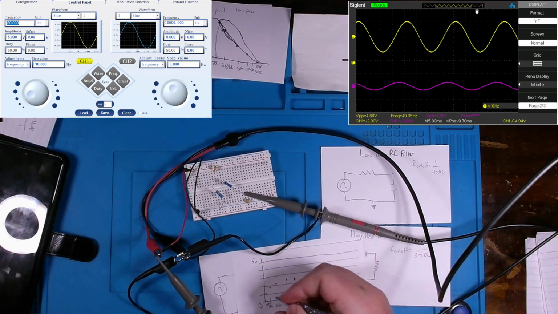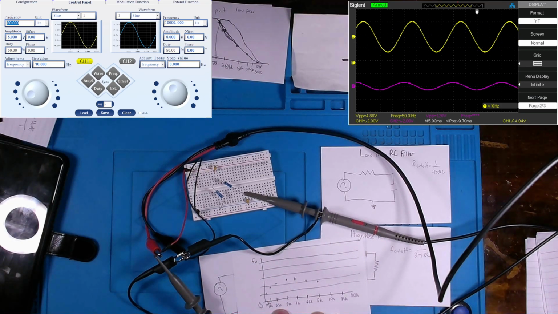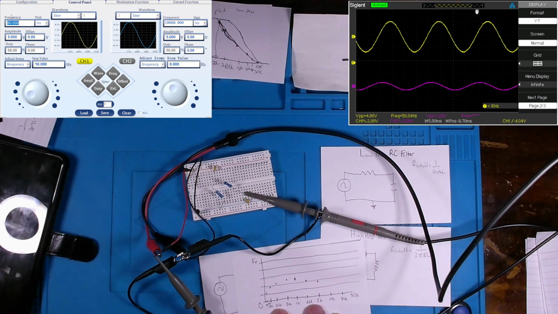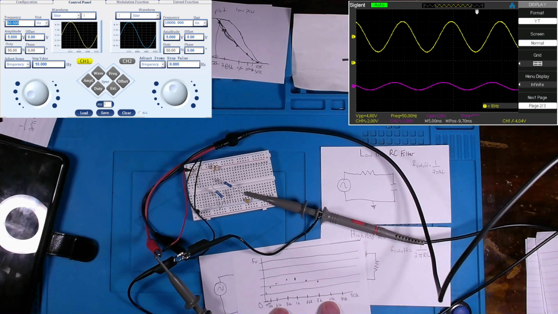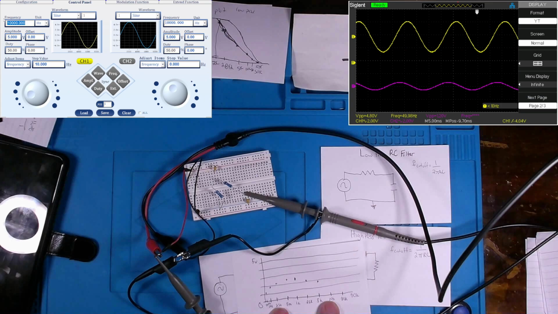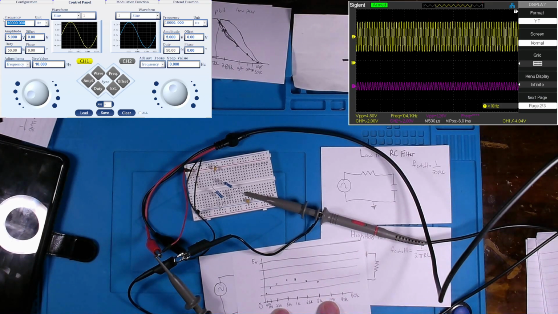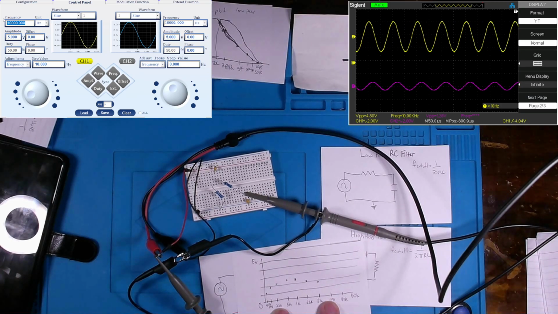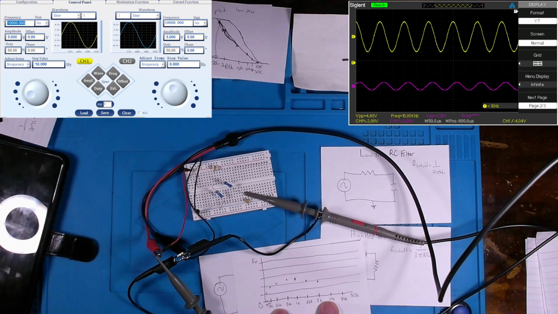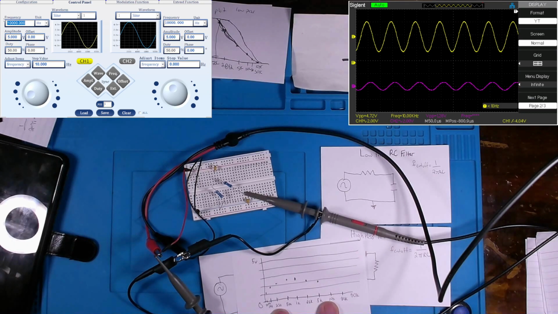All right. And let's go up to, let's see, from 5, we'll go to 10K. Change my span per division. 10K, we're at 1.2 volts.